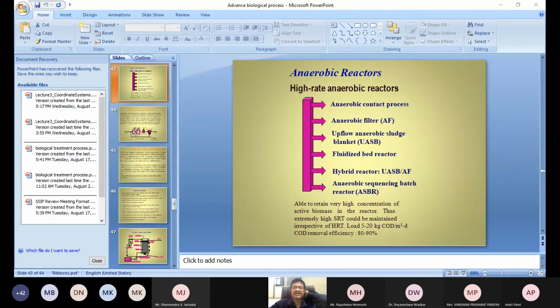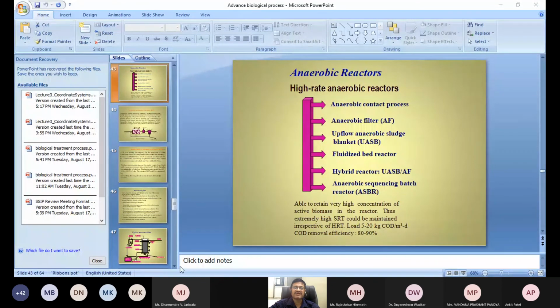Then there is the expanded bed reactor where the biocarriers are there. And then the fluidized bed reactor, similar to the expanded bed, but the bed expansion is 25 to 300% in this. Then you can have a hybrid system, meaning USB with anaerobic filter.